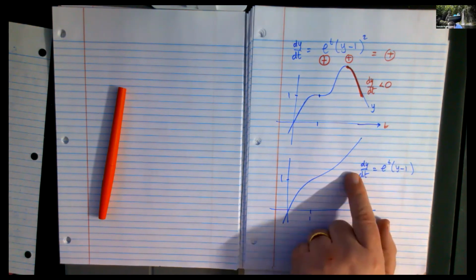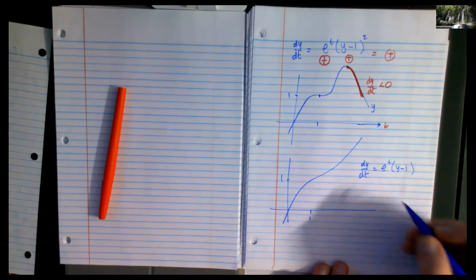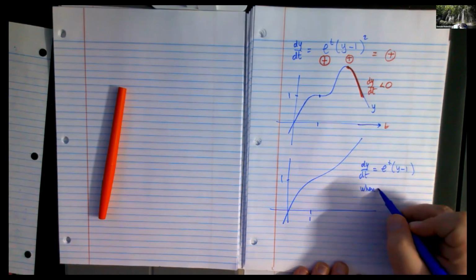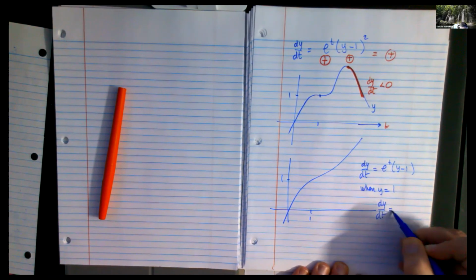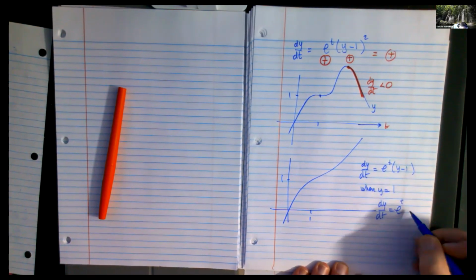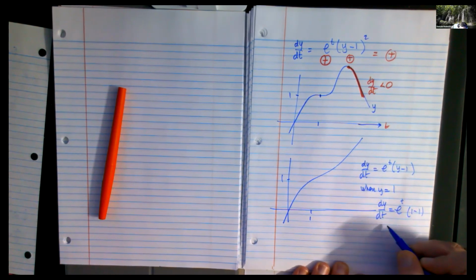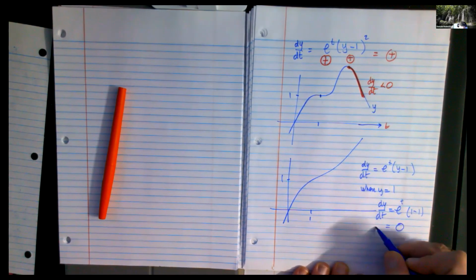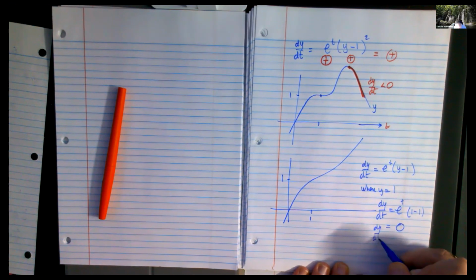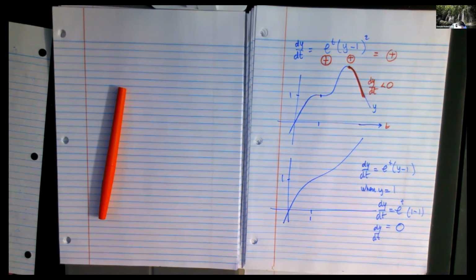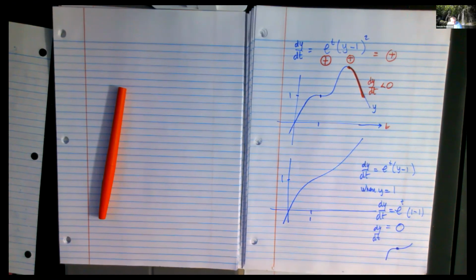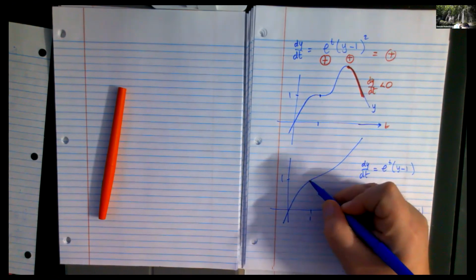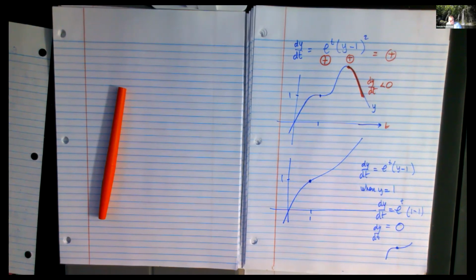Right? So what's this derivative going to be when y is 1? Well, when y is equal to 1, the derivative is going to be e to the t, whatever t happens to be, times 0. Isn't the derivative going to be 0? Now, what do I know about a 0 derivative? Well, I know a 0 derivative, shouldn't it be flat, horizontal? Would you agree at this point it is not? So that's why that one was kicked out.